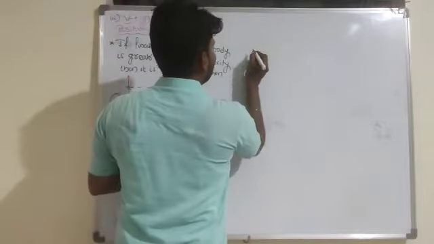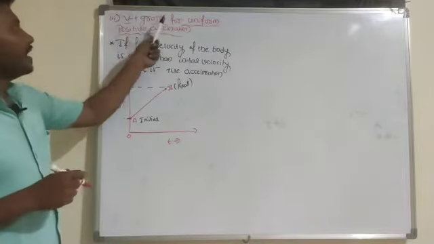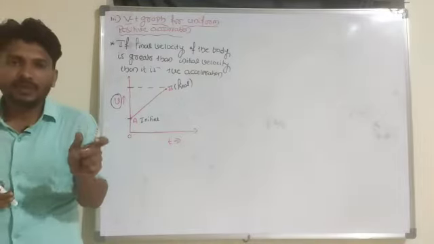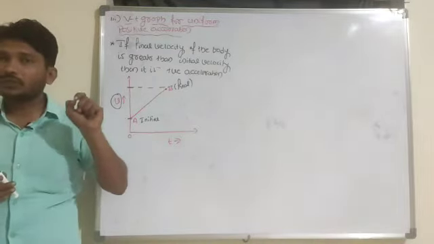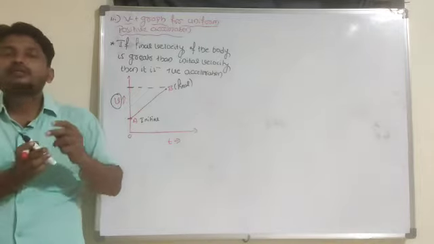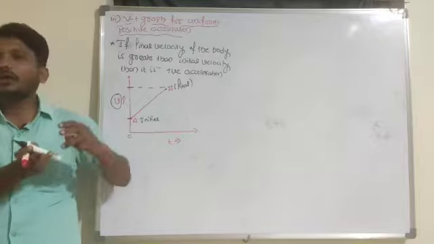Another one I have to consider is the velocity time graph for uniform negative acceleration. Remember, negative acceleration also goes by another name, retardation. In most textbooks we use negative acceleration or retardation.